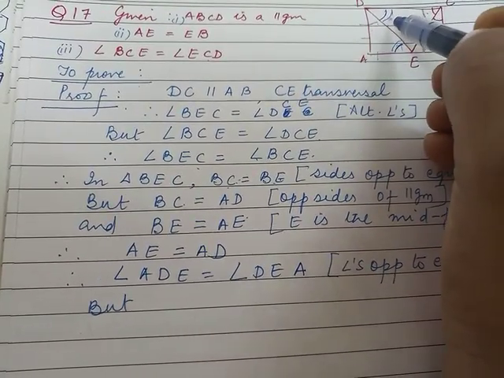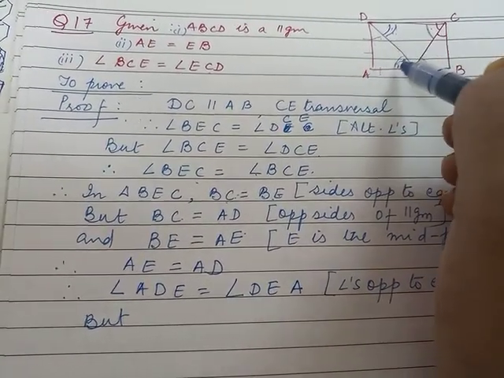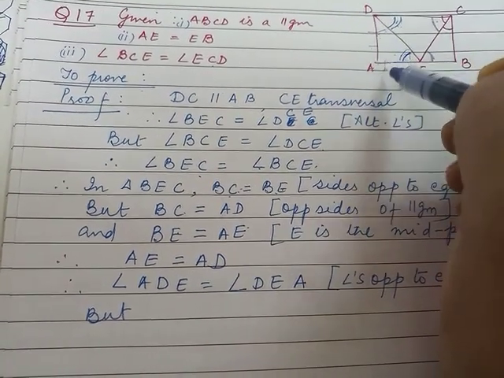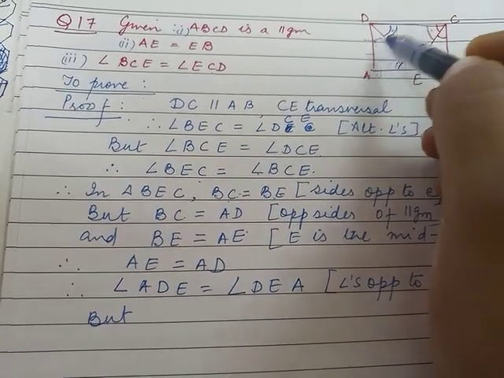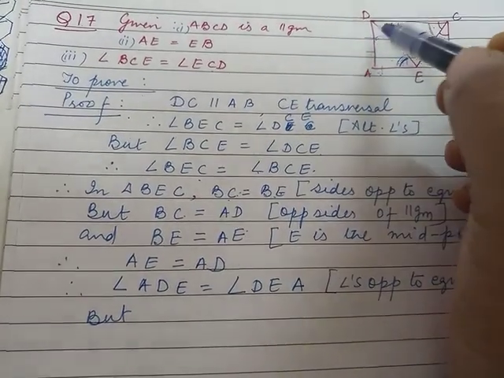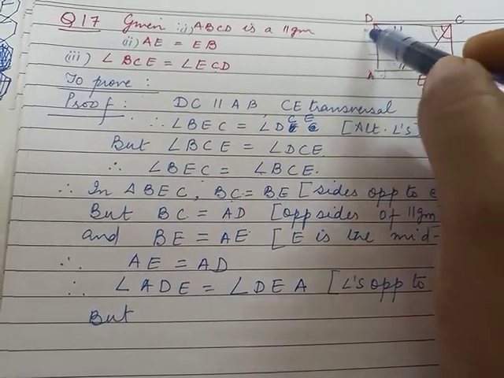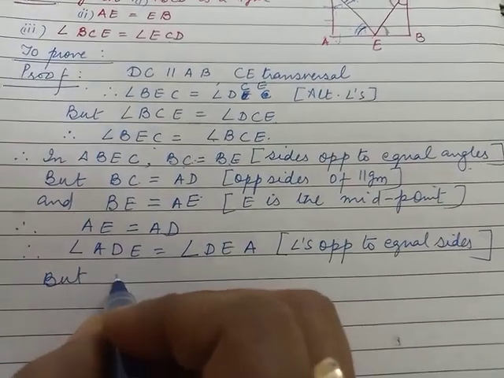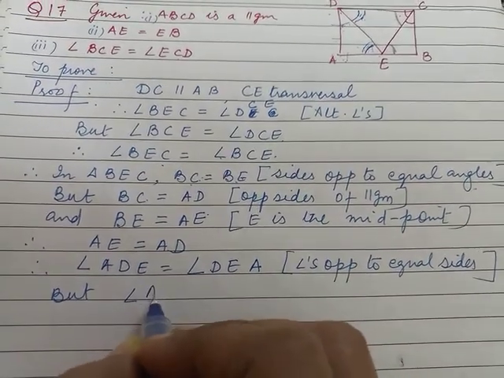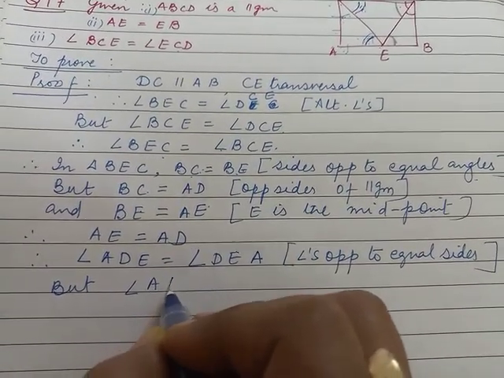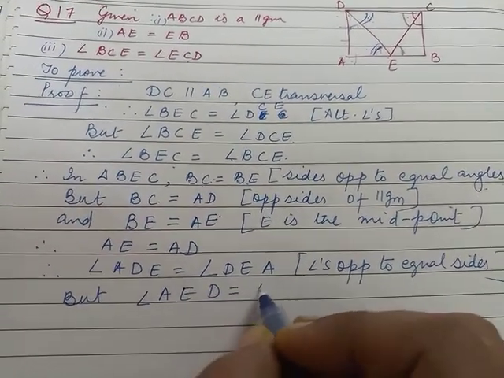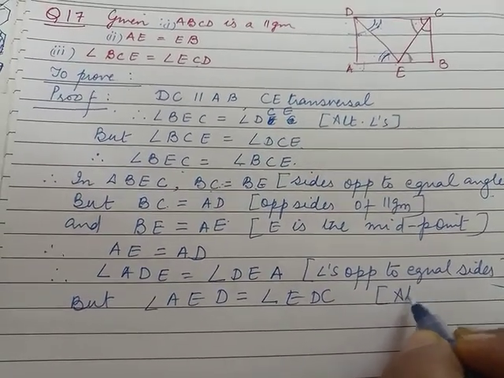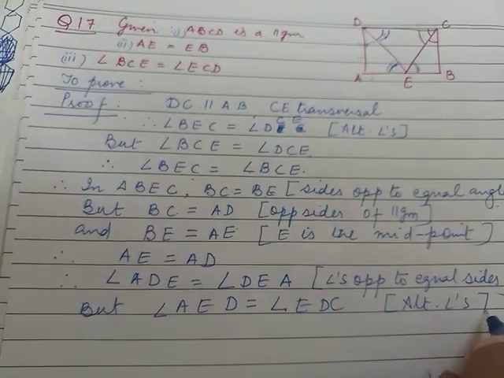This is equal to this because these two are alternate. This is equal to this, just now we wrote, because their opposite sides are equal. Therefore, these two angles are going to become equal. That means DE bisects angle ADC. So we'll write, but angle AED is equal to angle EDC. Reason, alternate angles.